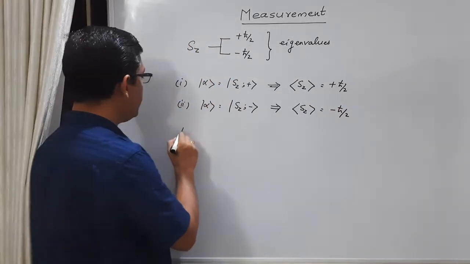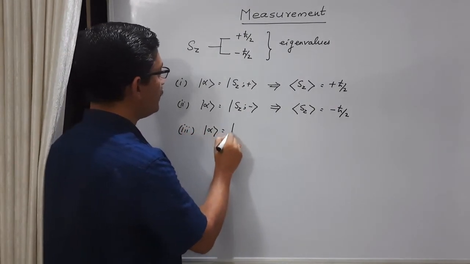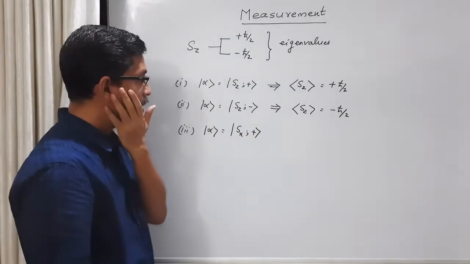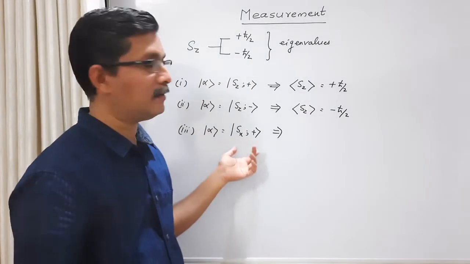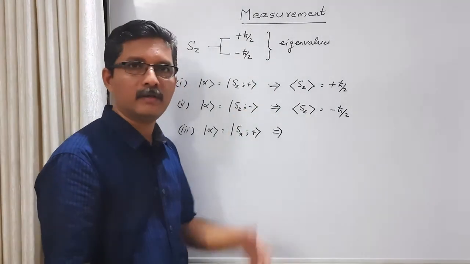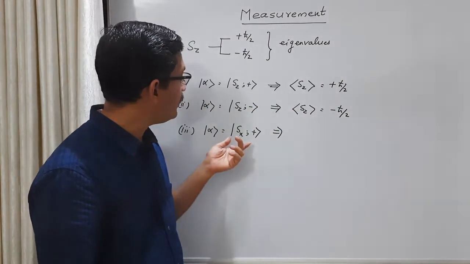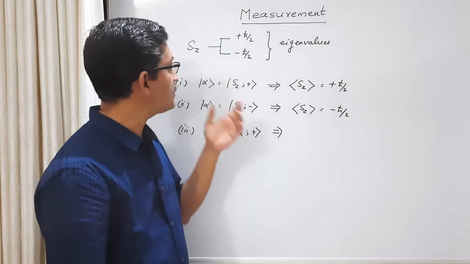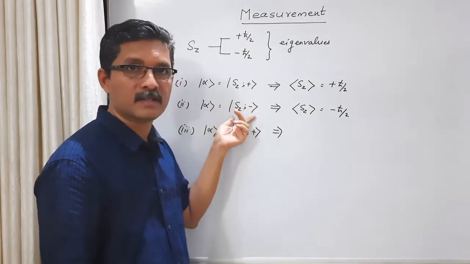Then consider the initial state, let us say Sx plus. This experiment we have discussed in the first 3 classes. If this is the initial state, then 50% of the particles will be in the Sz plus state, and the other 50% will be in the Sz minus state.